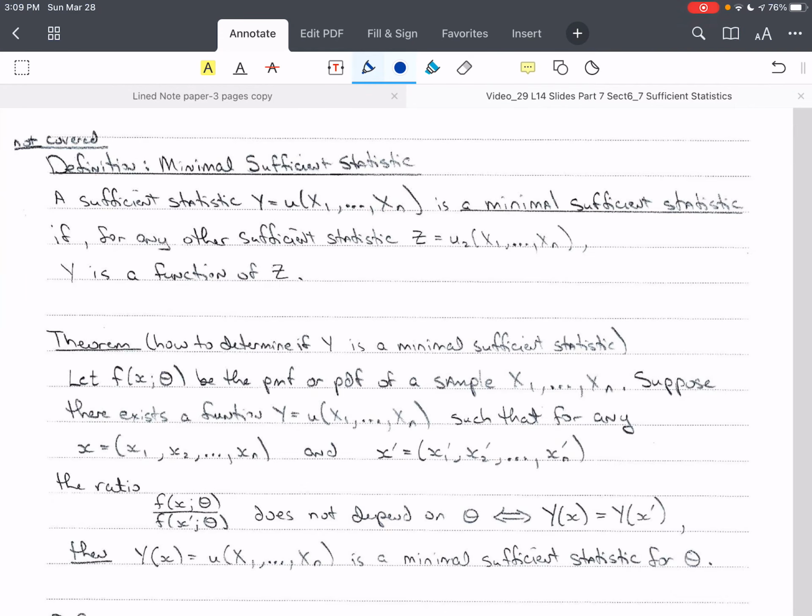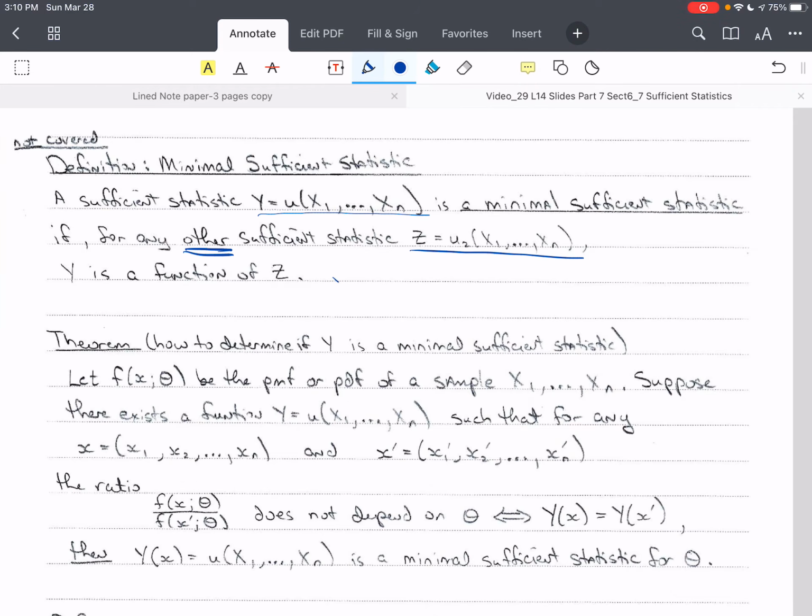So we have the definition of a minimal sufficient statistic. A sufficient statistic y equal to u of x1 to xn is a minimal sufficient statistic if for any other sufficient statistic z equals u2, a different function of x1 to xn, y is a function of z. Okay?